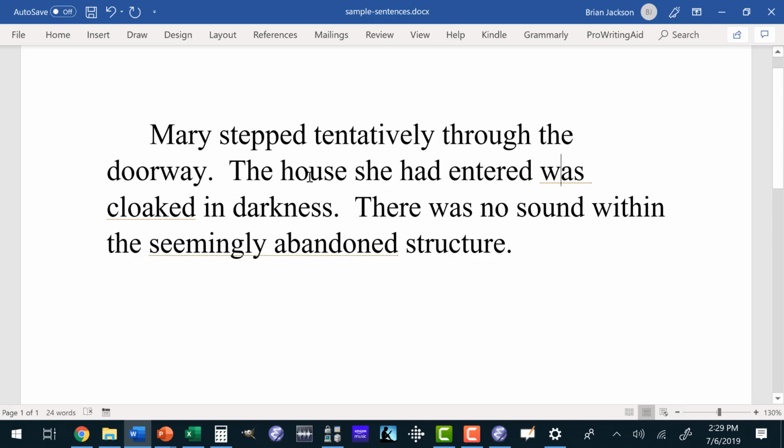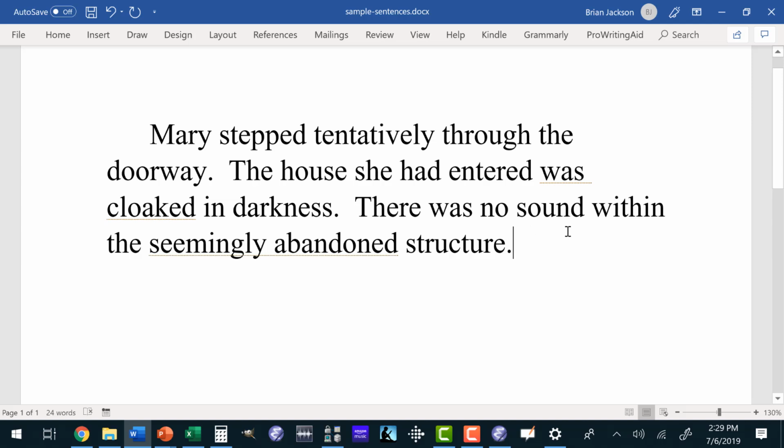But you'd say, let me see, darkness enveloped the house or something like that. That's more active. Darkness is enveloping in that case. In this case, you're being passive. You're saying the house was cloaked. So active voice is always preferred over passive voice. But I'm going to leave this passive voice here.